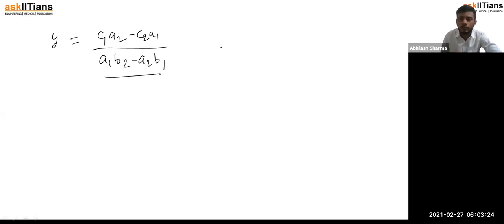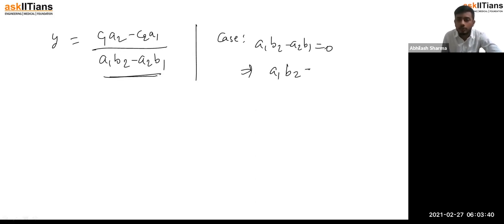But let us take the case when this is 0. When this is 0, then what happens? We will get a1b2 equal to a2b1, and on taking a2 here and b2 here, we will get a1 by a2 equal to b1 by b2.